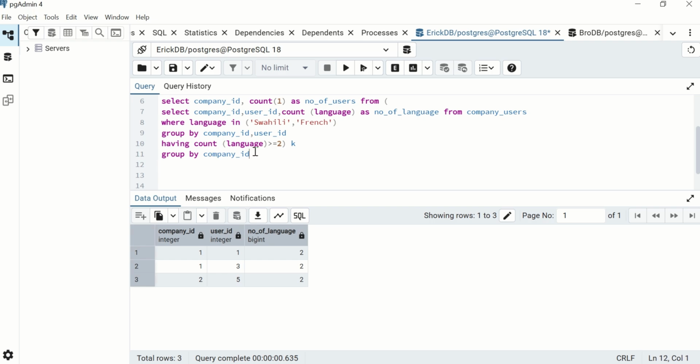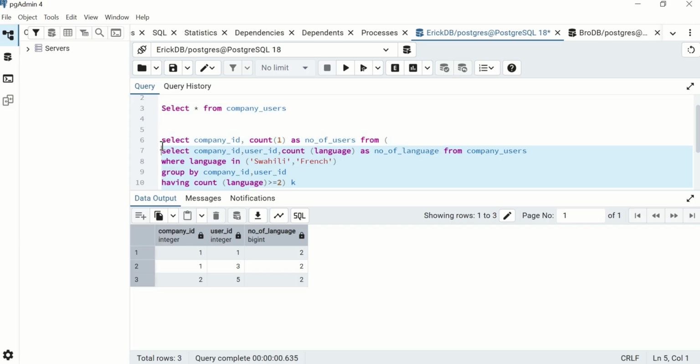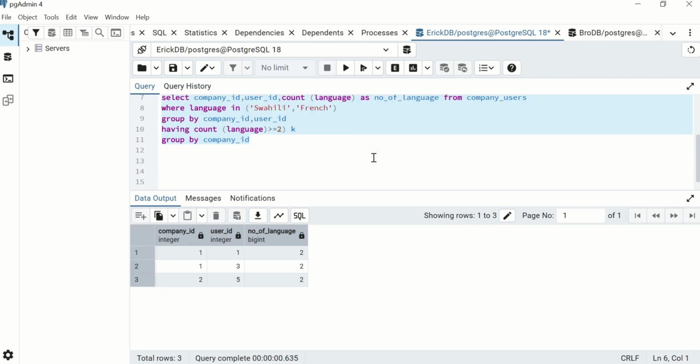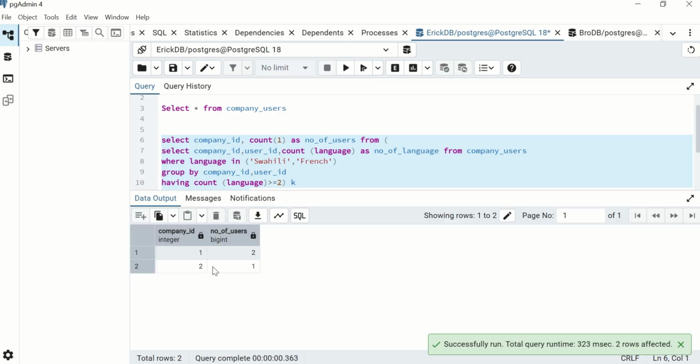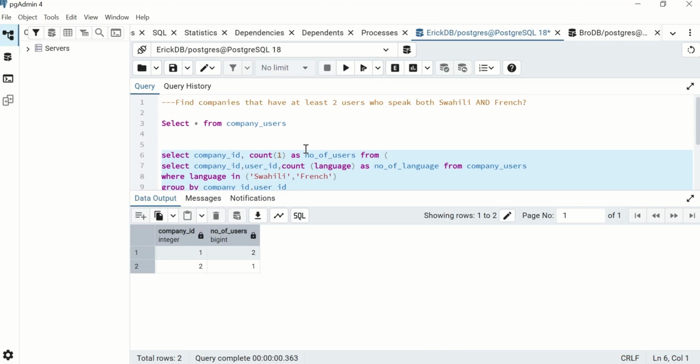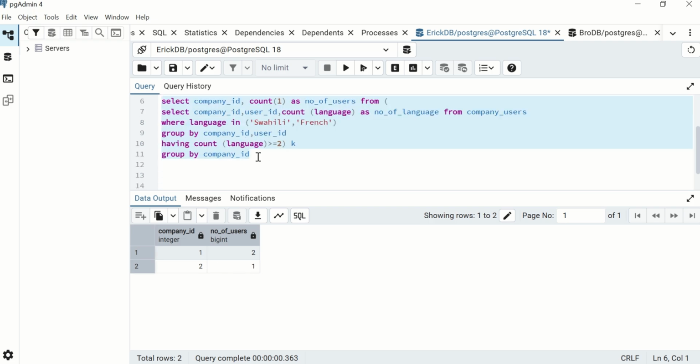This will give us the number of users speaking Swahili and French in each company. But we are interested in the companies that have at least 2 users. Company ID 1 has two users and company ID 2 has only 1 user. So we're going to use having to filter only the companies with number of users at least 2.